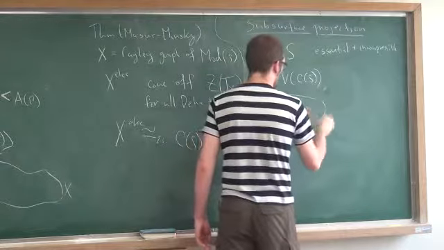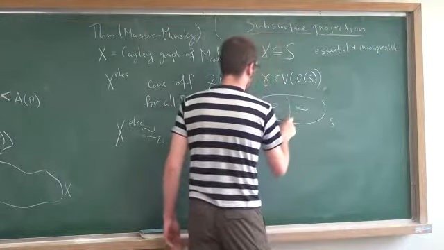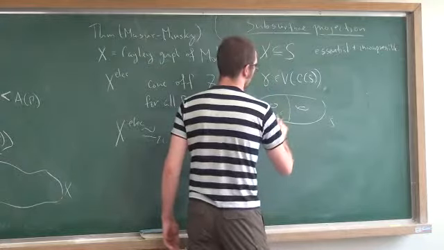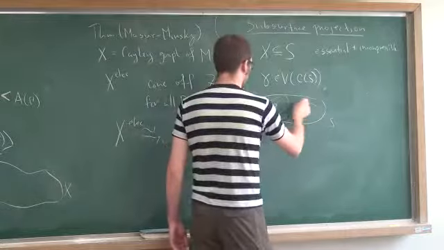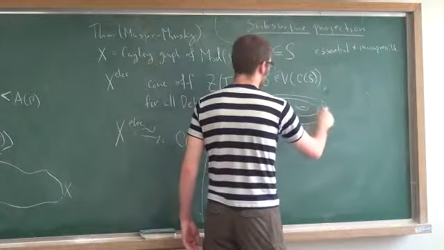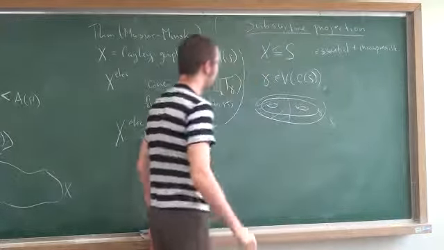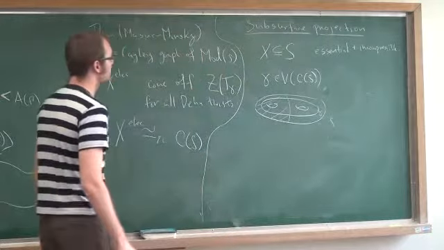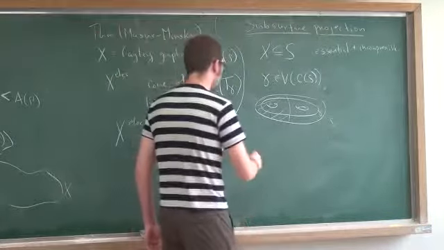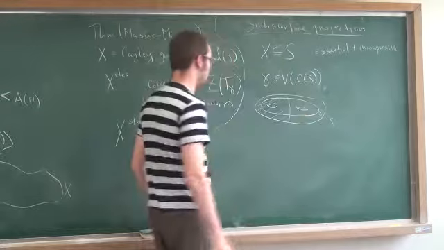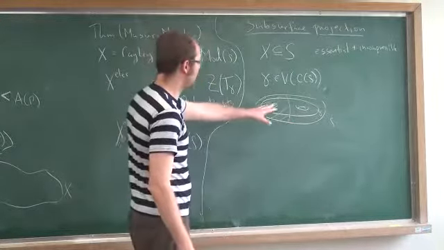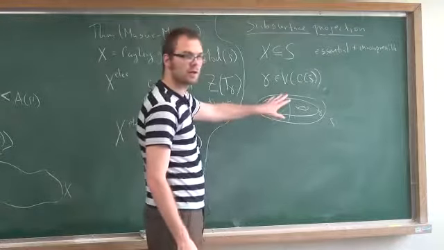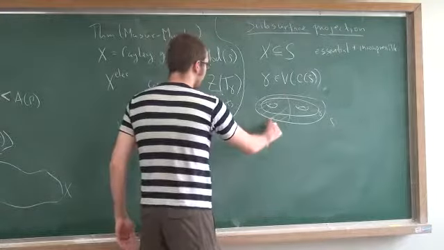Here's S, and X is this torus with one boundary component, and then gamma is some curve which may or may not intersect X. What subsurface projection is supposed to do is take a curve gamma and give you an approximation of what it looks like on the subsurface X.